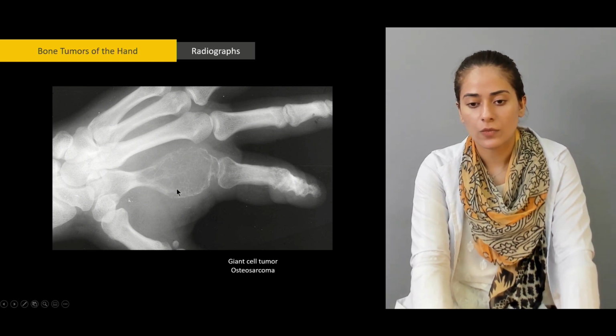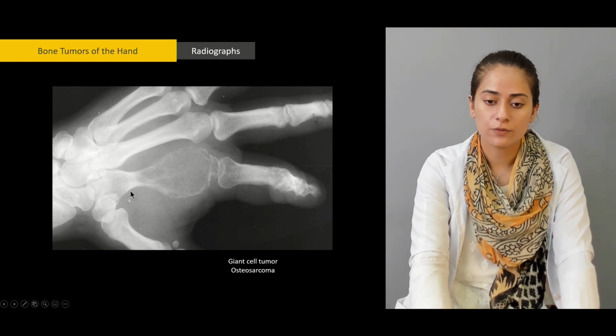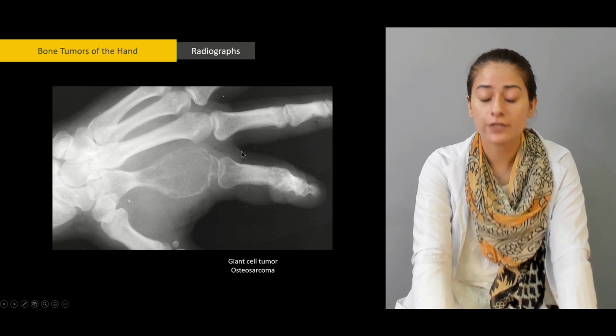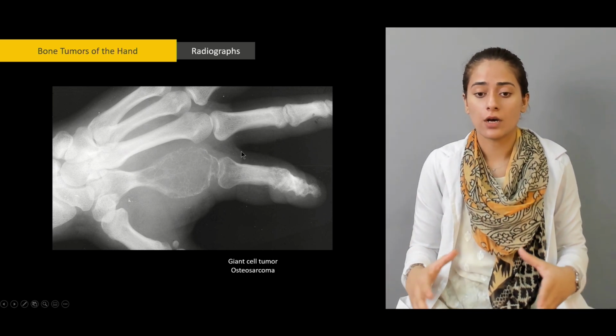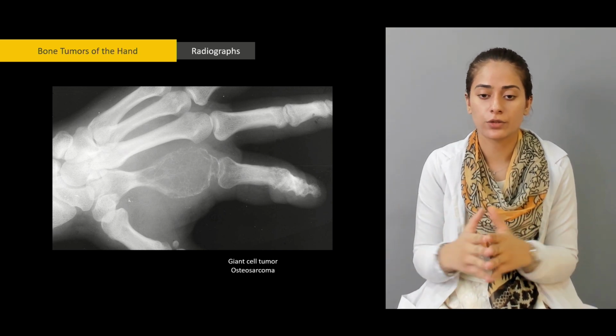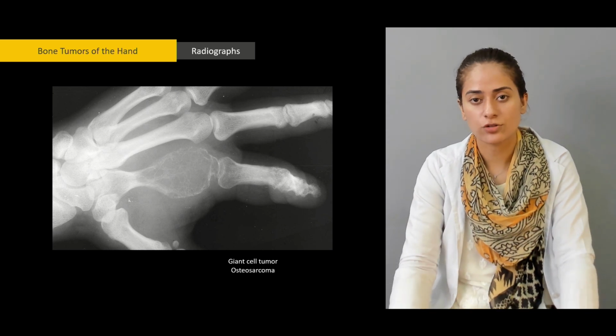Sometimes what we do is we take out this entire portion of the cancer cells if there are no chances that it will metastasize, and then we take this entire cancerous bone out.